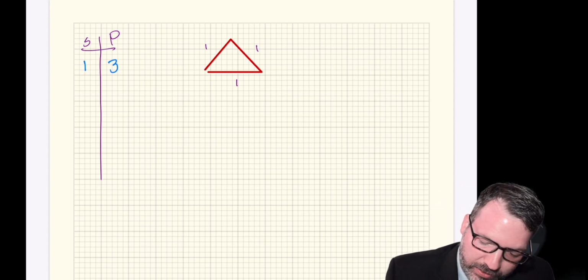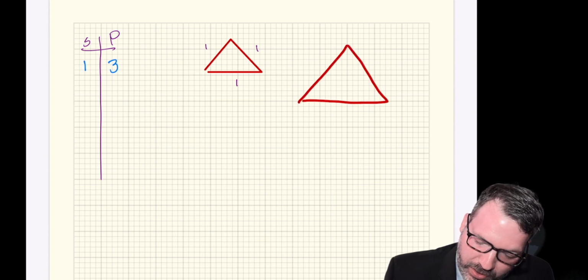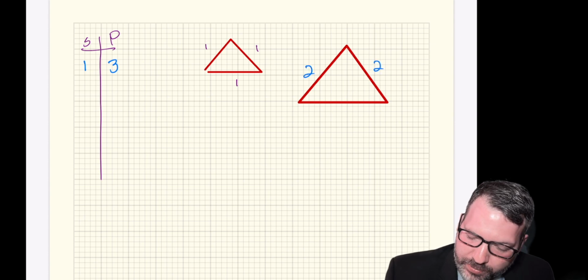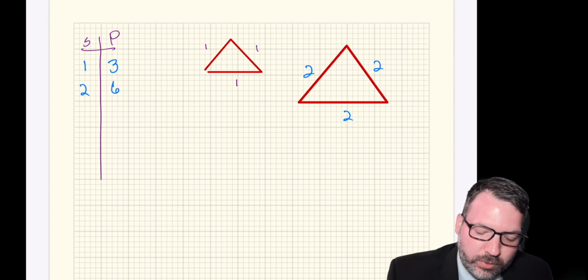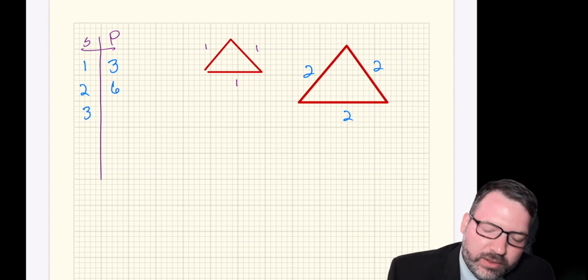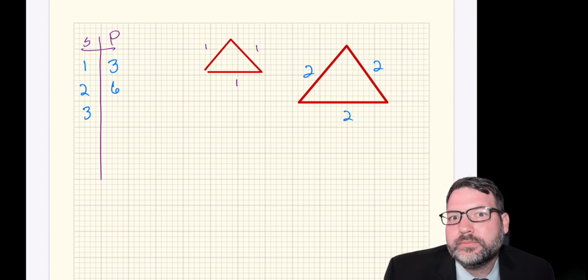When the side length is 2, on the other hand, if I took this equilateral triangle and I just made every side twice as large, well, now what's my perimeter? 2 plus 2 plus 2 is 6, right? What if I made the side length 3? Can you figure out what the perimeter is without having to draw it? Yes.